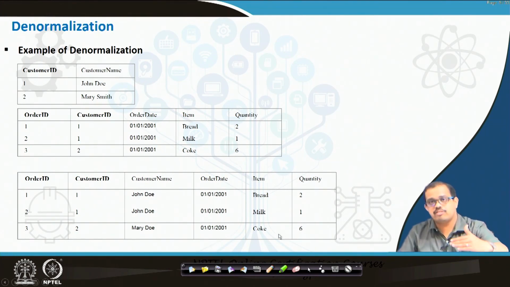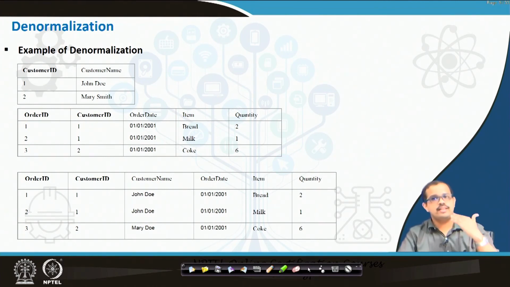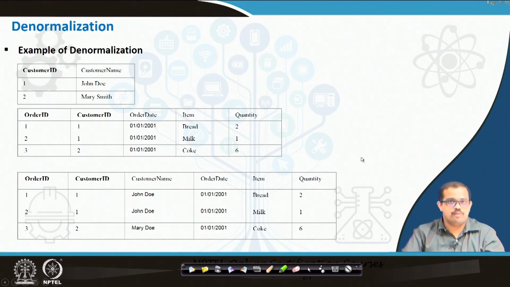So you have processed from the second normal form to the first normal form, which means you are denormalizing by one extent. That is what is called denormalization. Similarly, if you do it from third to second, then it is 2 steps. If you are doing from 4 to 1, then it is 3 steps of denormalization. That is how denormalization works.